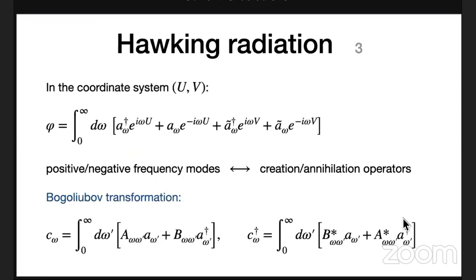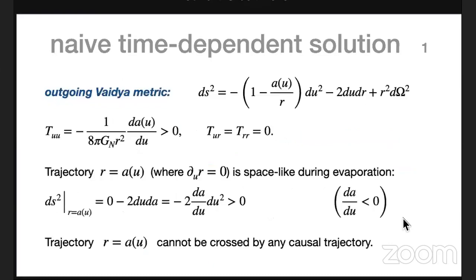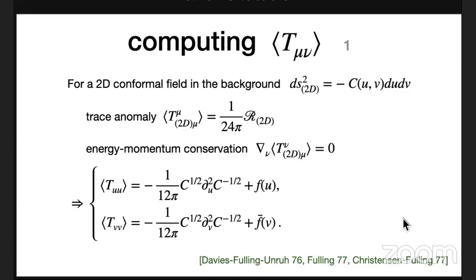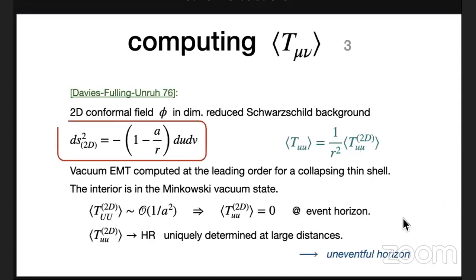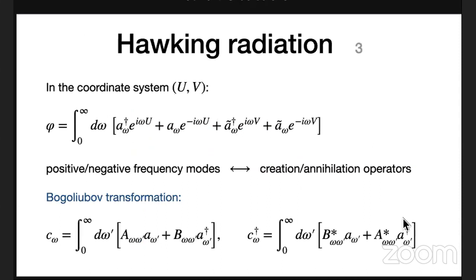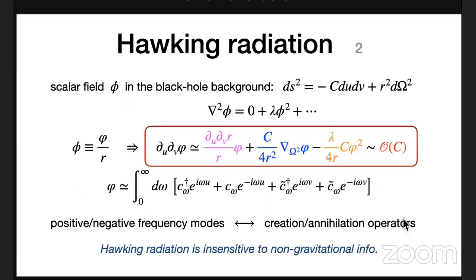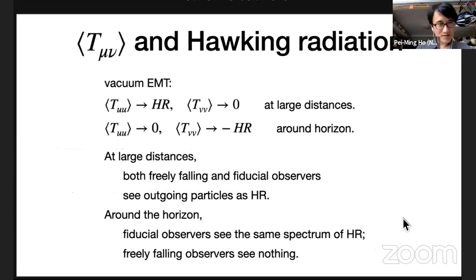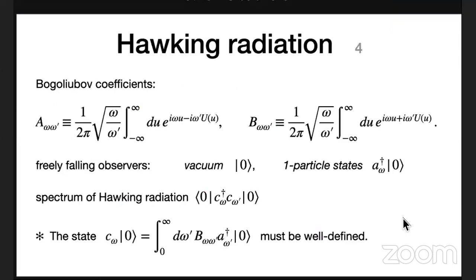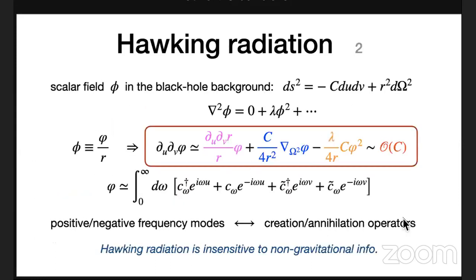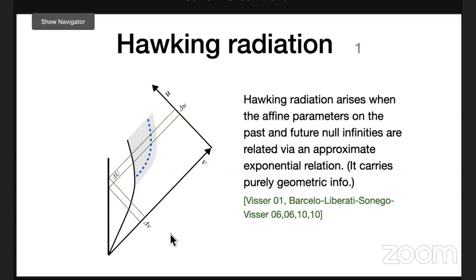In the slide where you explain Hawking radiation, with the figures, the coordinates U and V seem interchanged.